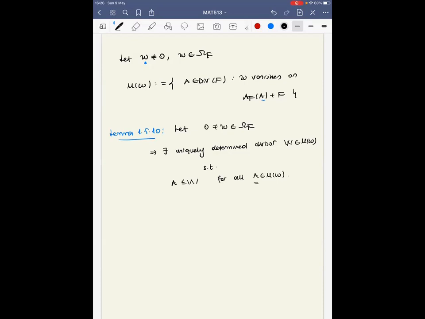So that means this divisor omega gives us, in some sense, the upper bound, the maximum divisor of this set.